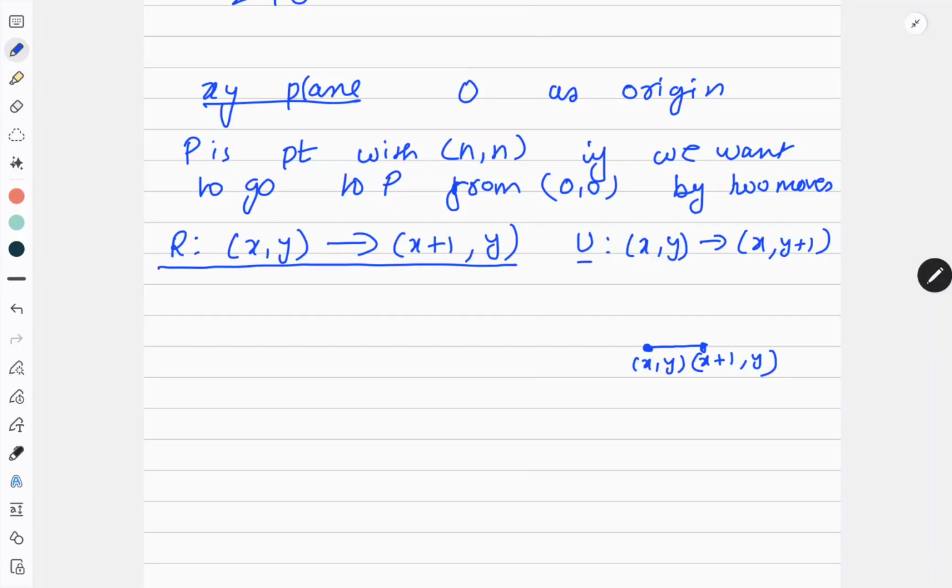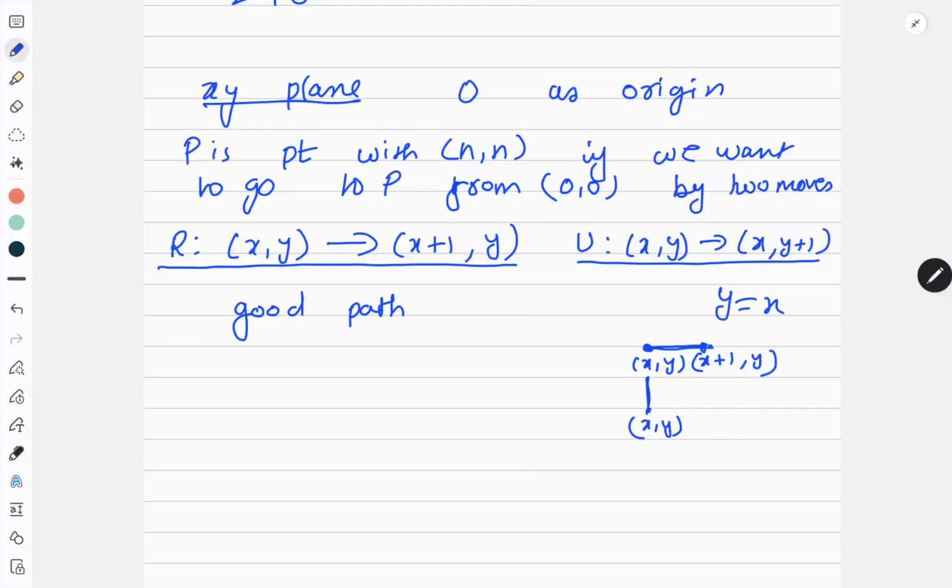And the other move, the u move, means if I am sitting at x comma y, y is increasing, so I am going up. Either I can move 1 unit right or 1 unit up. With this restriction, when you move without crossing the line y is equal to x, this type of path is called a good path.